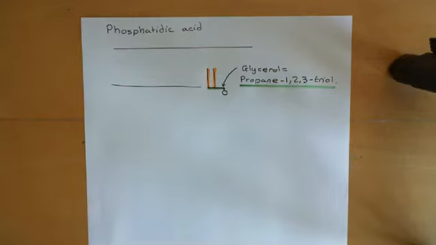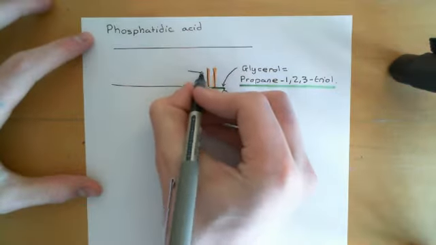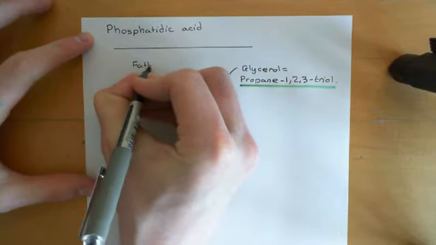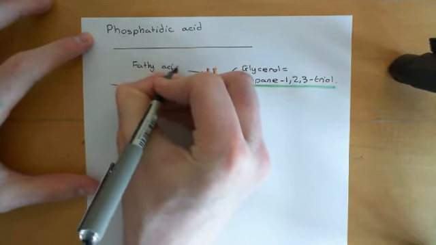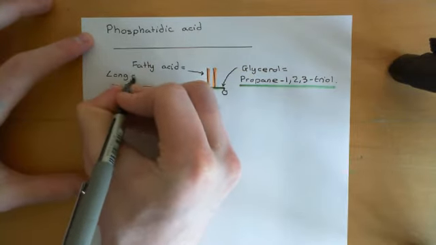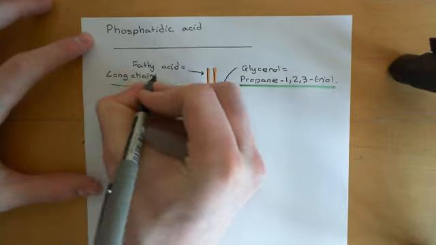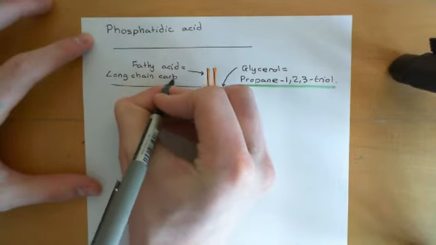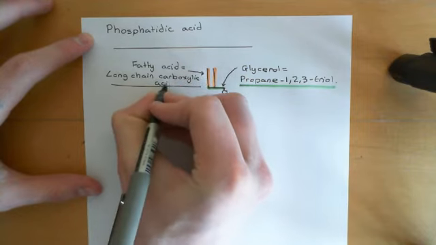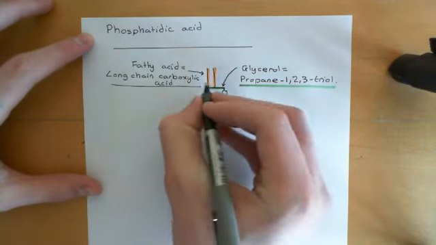So these 2 vertical lines that are here in orange, these are what are known as fatty acid molecules. And again, the proper name for a fatty acid molecule is a long-chain carboxylic acid molecule. And that tells us exactly what these are. They are carboxylic acid molecules which have extremely long tails, basically.